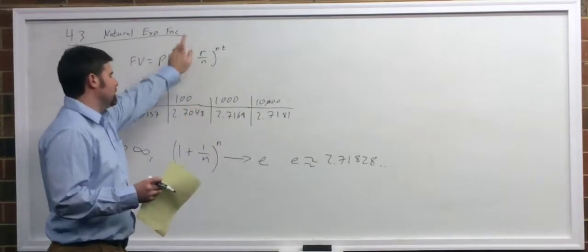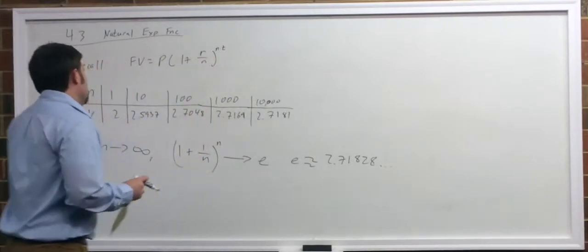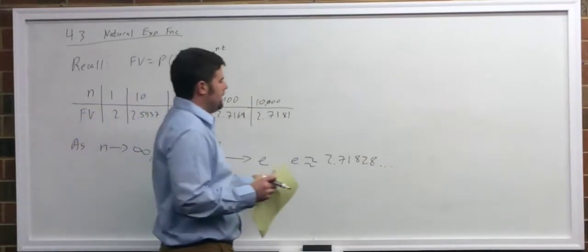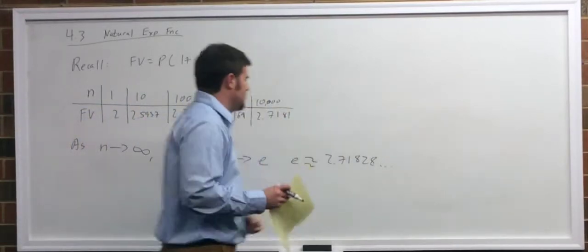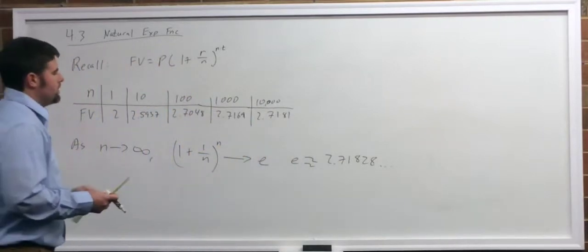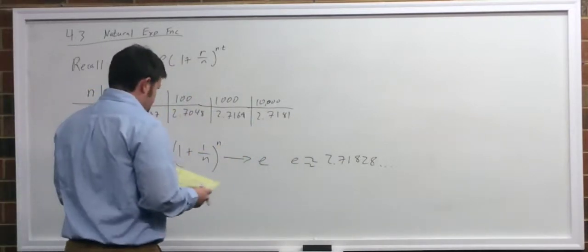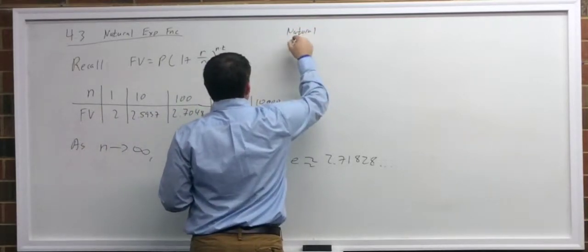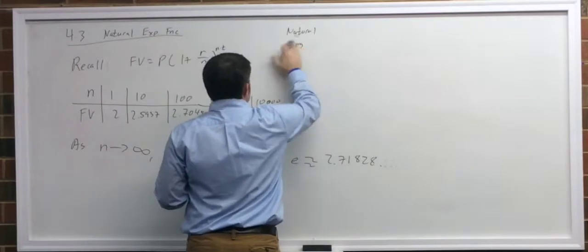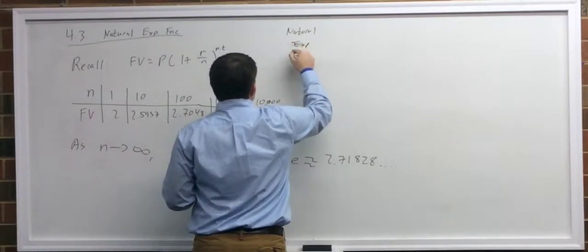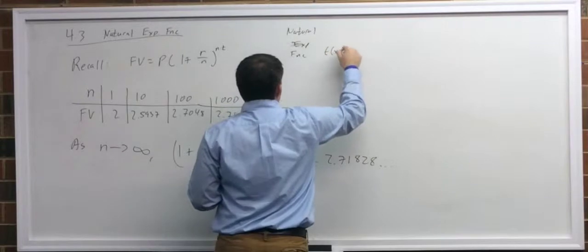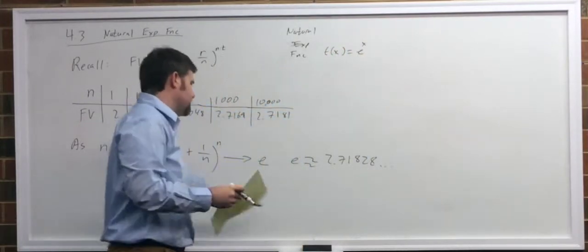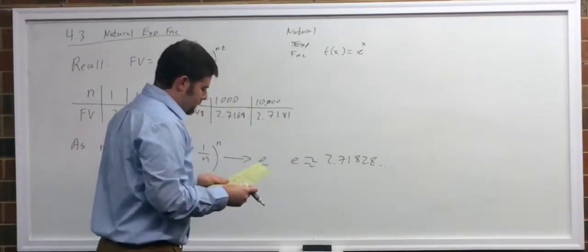I stuffed in a couple variables here, you don't have to worry about it, but as n grows without bound, this approaches e, which comes out to be about 2.718. We write that as your natural exponential function, f of x equals e to the x, where e is approximately this number.